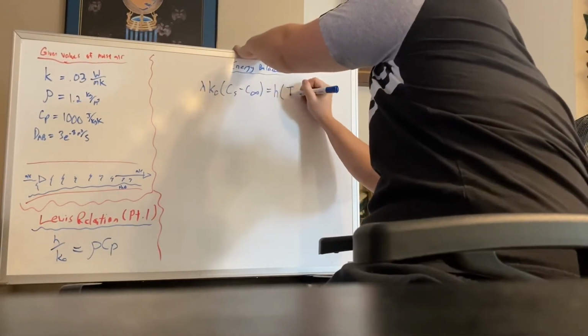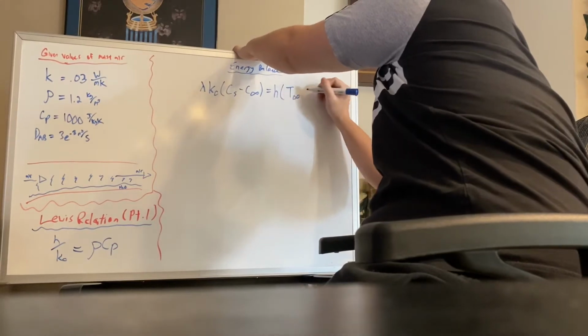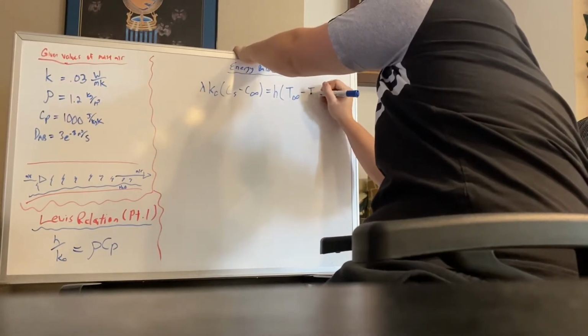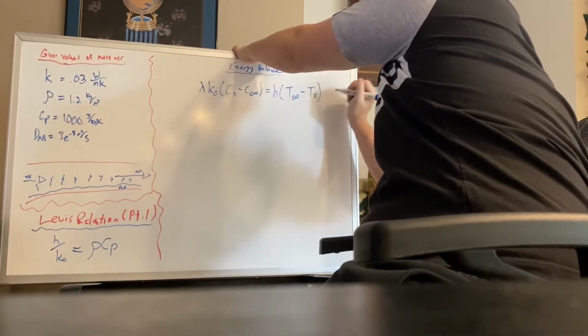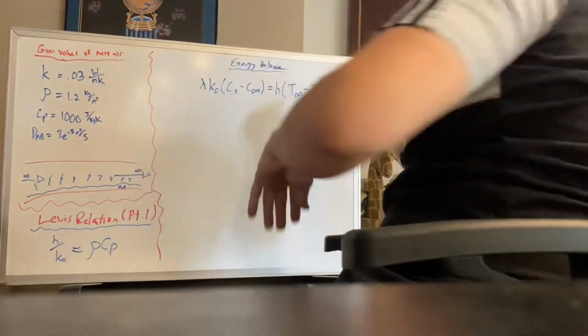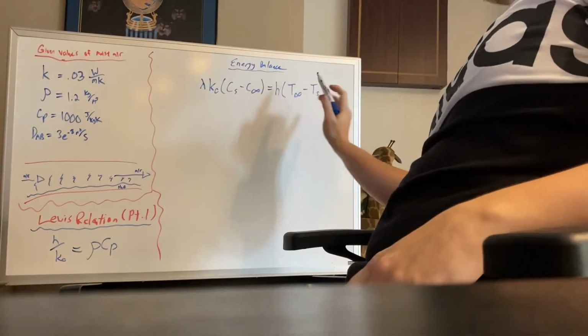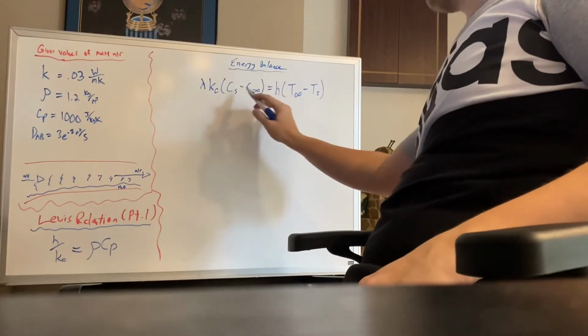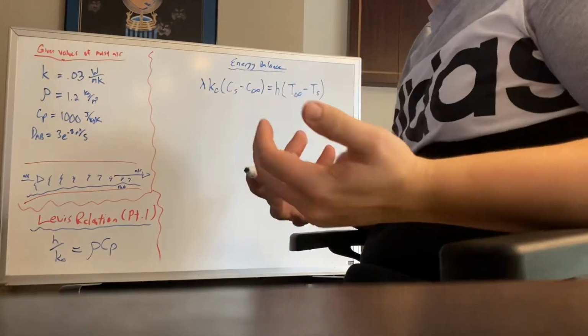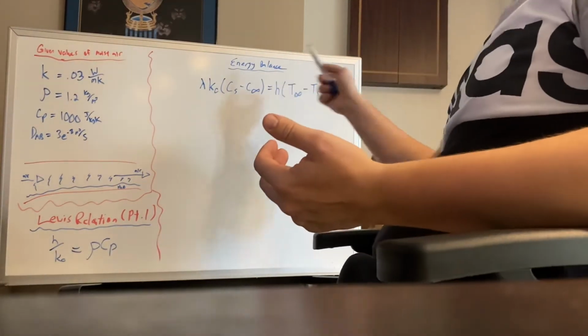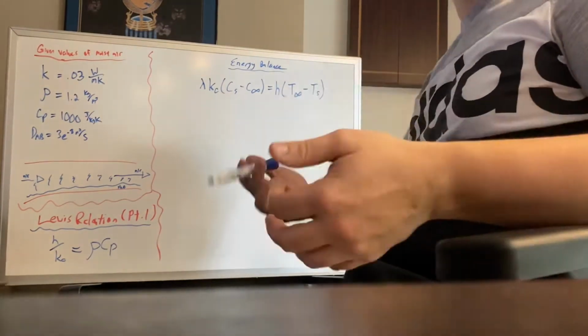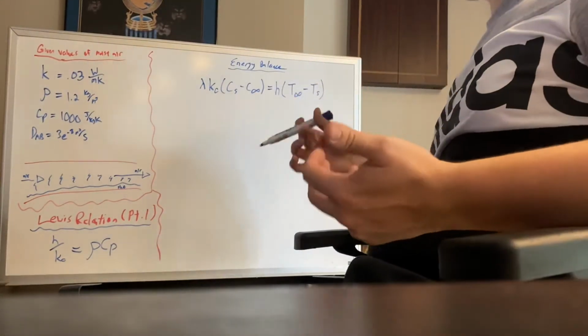So this will be multiplied by the temperature of water at some point far away minus the temperature of the water at the surface. The way I always remember is that this side is always the inverse of the left side. For the concentration of the surface minus the concentration far away, on this side it's the temperature far away minus the temperature of the surface.